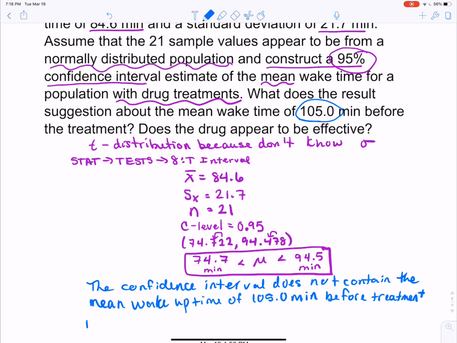So that means, this result suggests that the drug does have a significant effect.